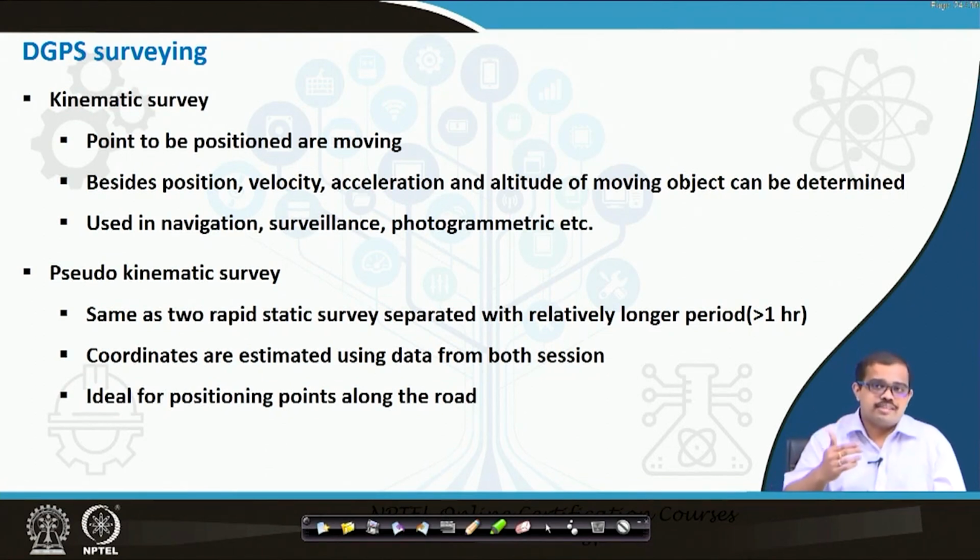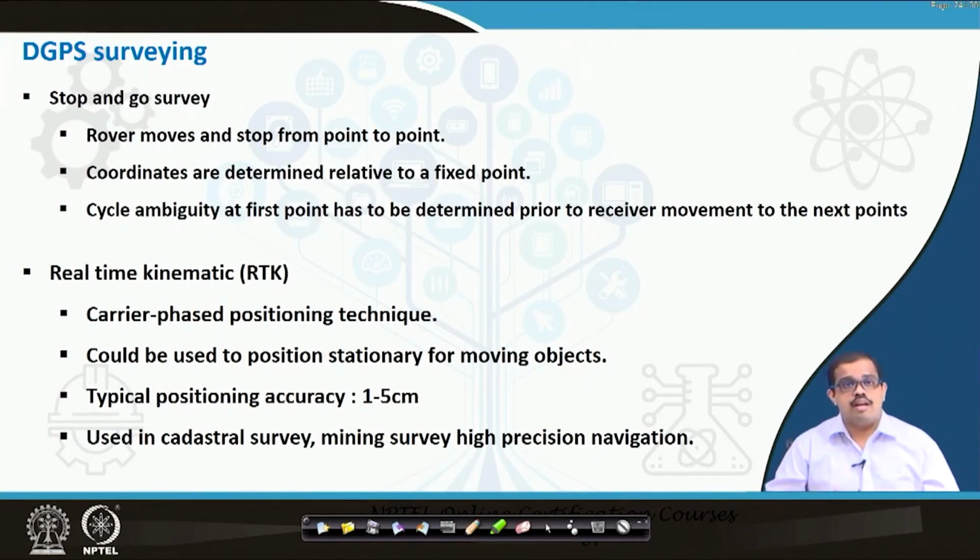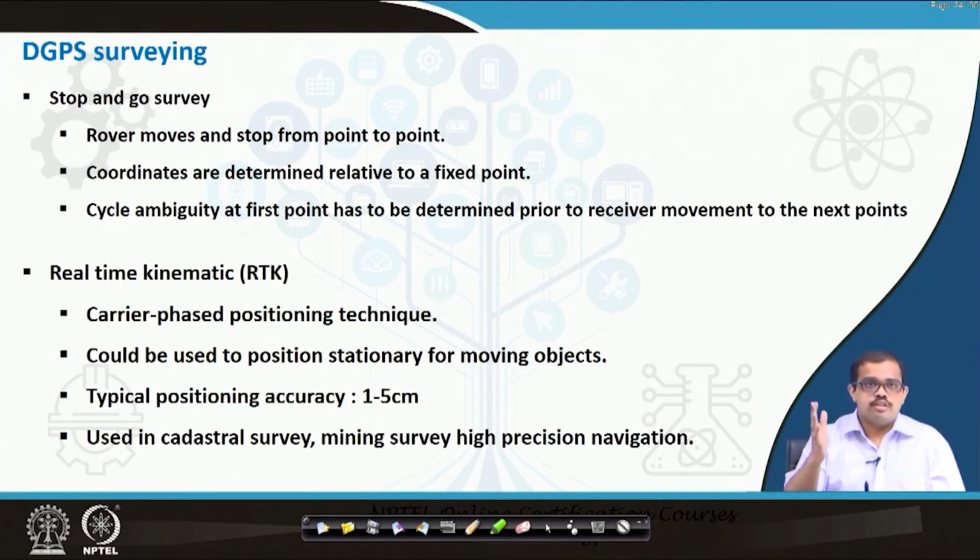So we have looked at static, kinematic and pseudo kinematic. There is another kind of DGPS surveying, also called stop and go. The rover moves and stops from point to point. You have one survey station, a base station, which you know. The rover moves around and stops at a particular point, from point to point. This gives an input, which is your stop and go survey.